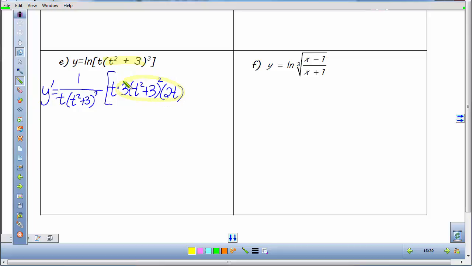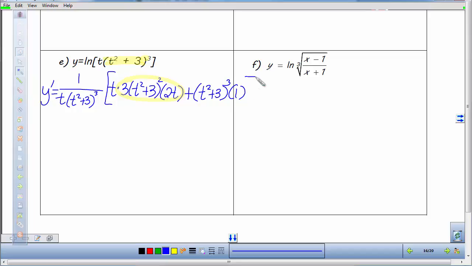So first times the derivative of the second plus the second times the derivative of the first. I think we're done.